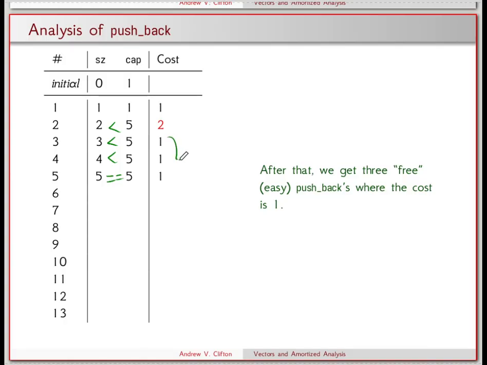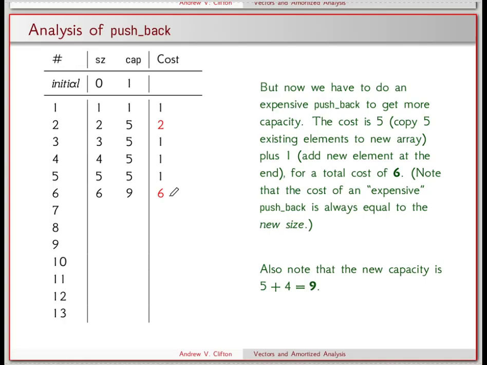So all of these are easy. But when we hit 5, 5 equals 5, we're going to have to do a slow pushback. So we do 5 plus 4, a new capacity of 9. My new size is going to be 6, and my cost is going to be 6. So now we have another slow one.